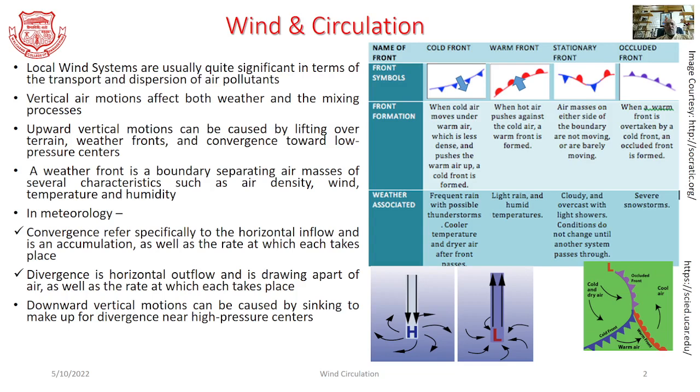Hence, the fate of that particular pollutant is decided by the locally existing wind system. Hence, it is essential to understand the local wind systems in order to know the transport and the dispersion of the air pollutants.